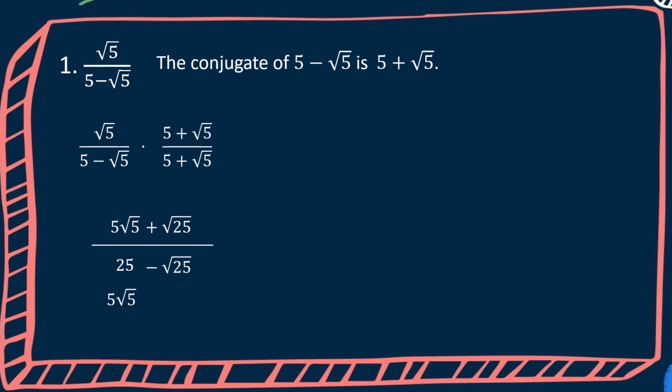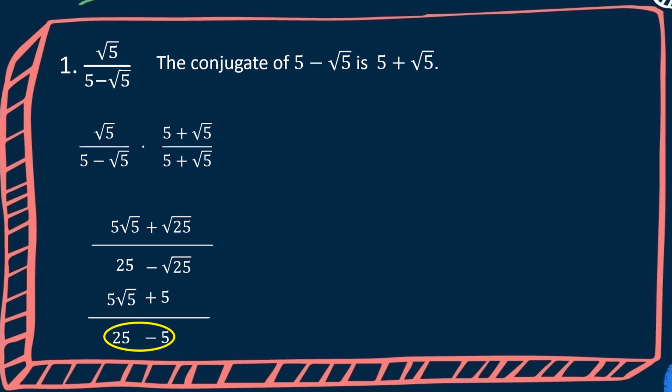We copy 5 square root of 5 plus square root of 25 is equal to 5. All over 25 minus the square root of 25, which is equal to 5. We get the difference of 25 and 5, and the answer is 20.